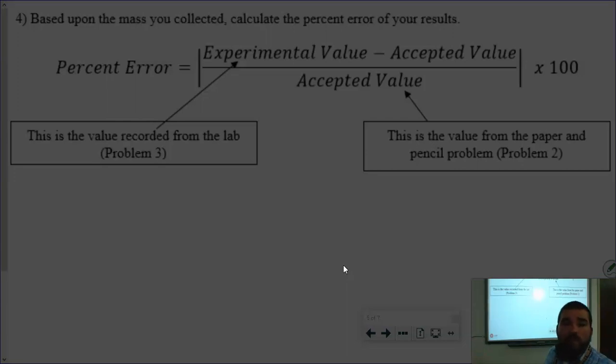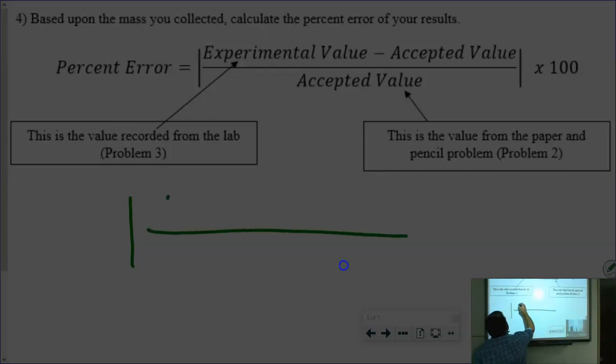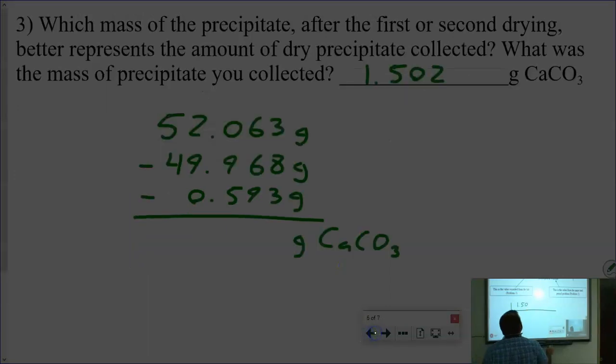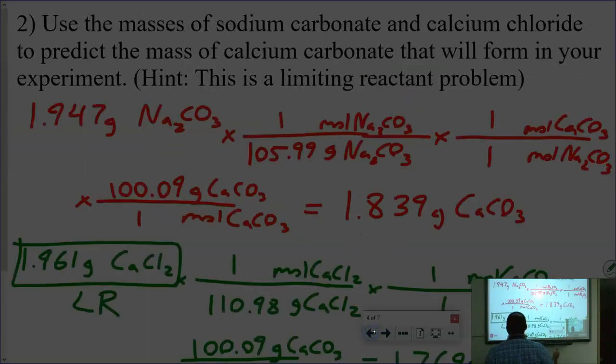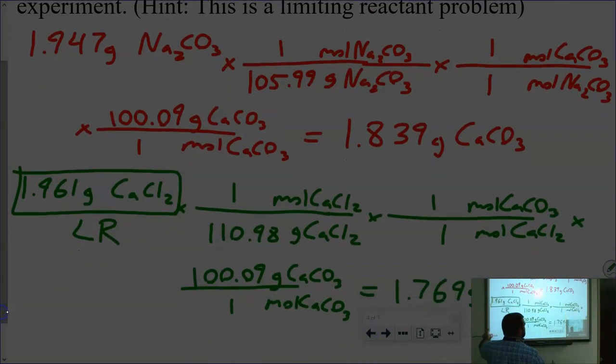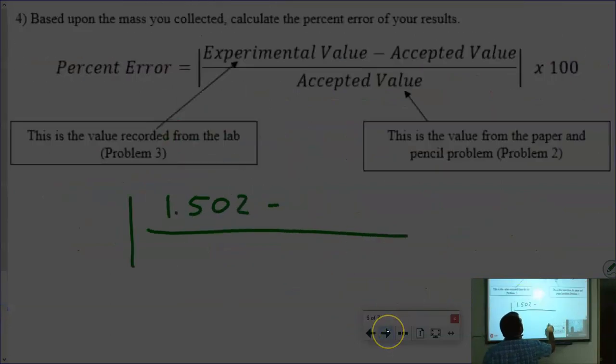So let's set this up with the numbers that we've just solved for. I have the absolute value of 1.502 minus 1.769, divided by 1.769.